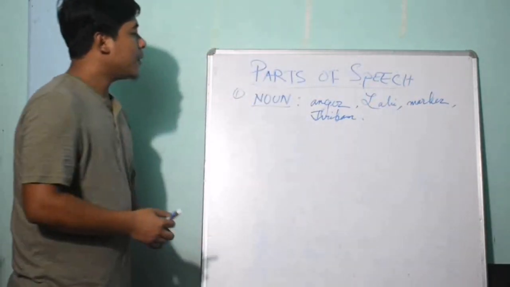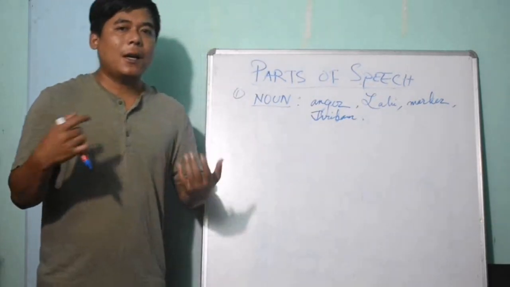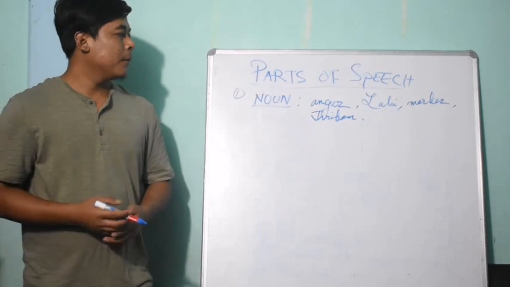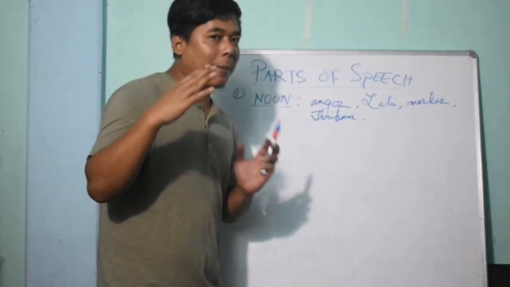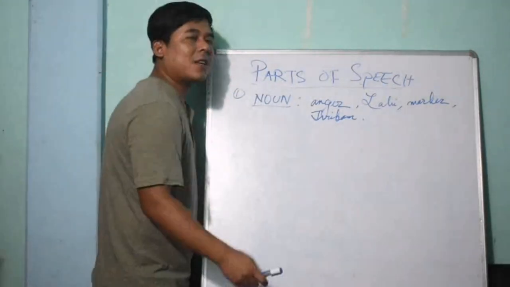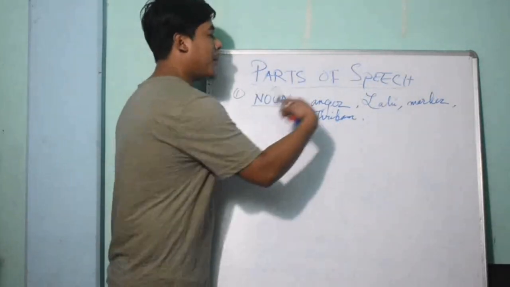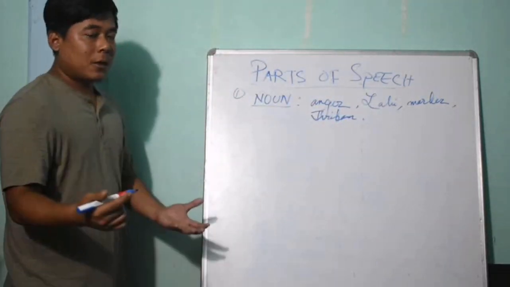So try to revise it yourself. I may not be there physically with you, but practice it yourself. Try to make a sentence with the word anger or any other person's name.